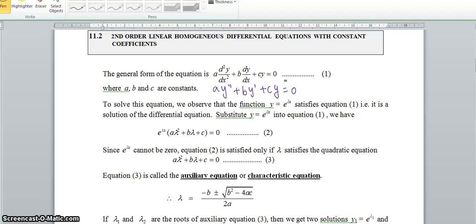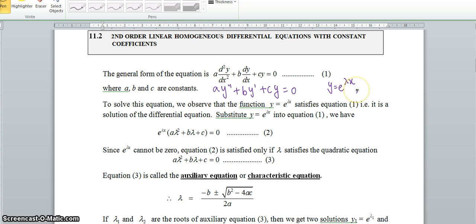Okay, so we'll guess y is equal to e to the power of lambda x, and see whether it is a solution for this equation or not. So how can I do that? Well, I can just substitute y equal to e to the power of lambda x into this equation.